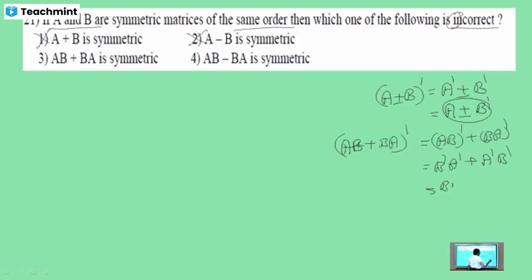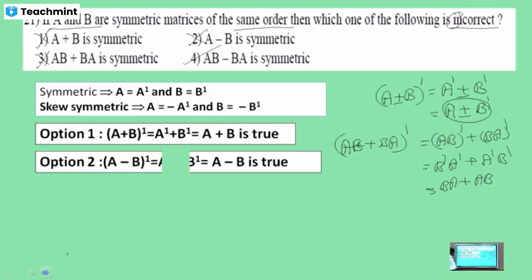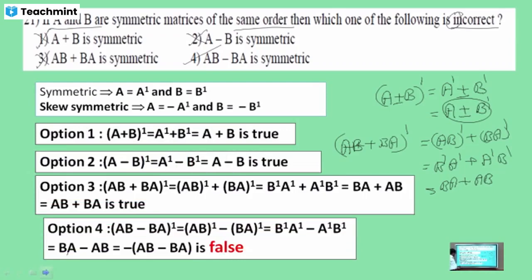That is BA plus AB, same as AB plus BA. Therefore, this is also correct. This is not the required solution. I want incorrect. So the remaining is only one, AB minus BA, and the solution is the fourth one.